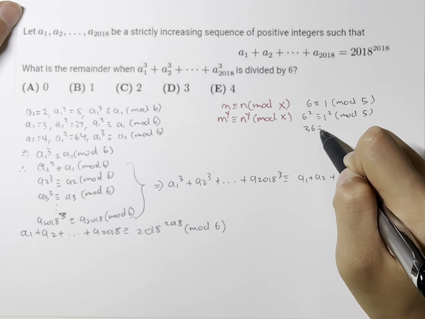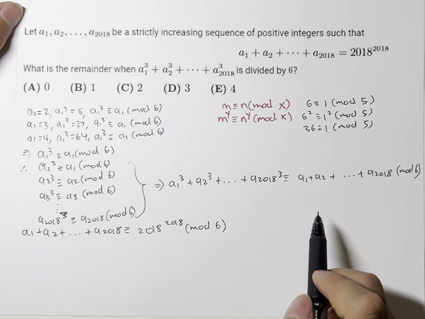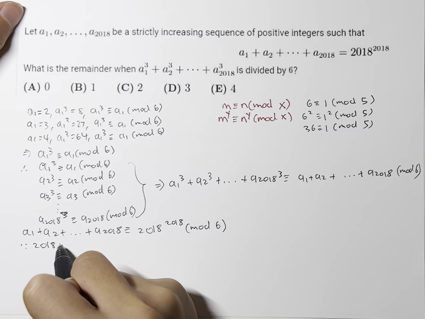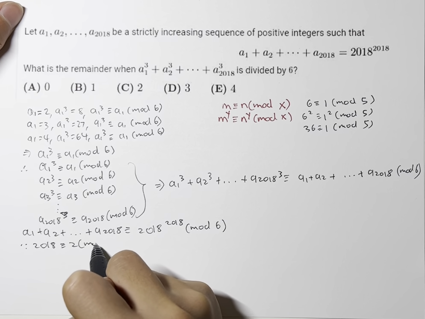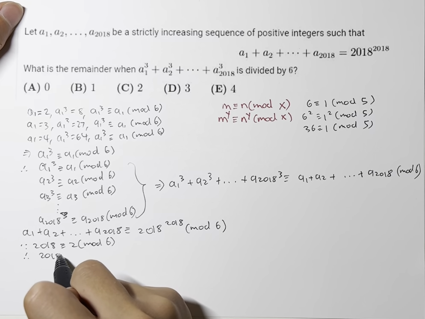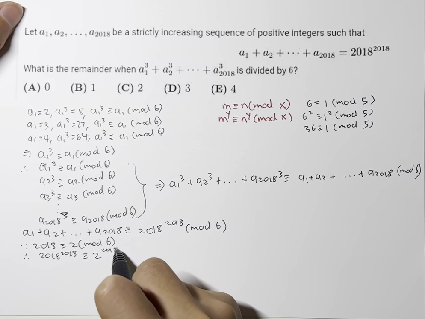So 36 will be congruent to 1 mod 5. This is true. So using this, since 2018 is congruent to 2 mod 6, 2018 to the power 2018 will be congruent to 2 to the power 2018 mod 6.